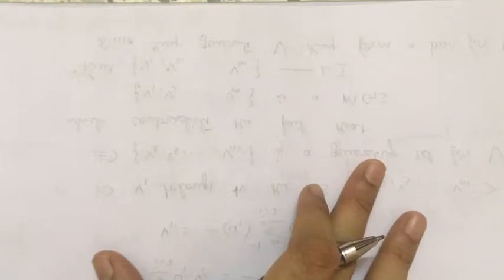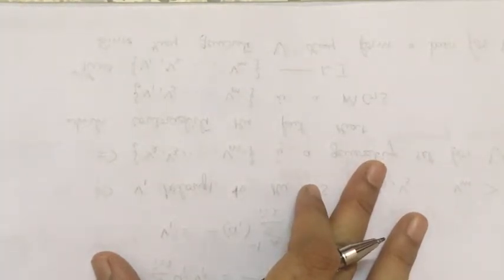Now the second part is the converse part. I'm taking a set of vectors that form a basis and I have to show that the set is a minimal generating set.